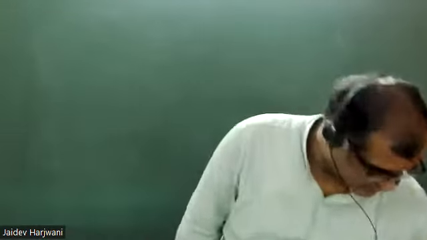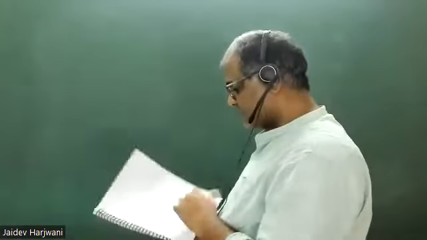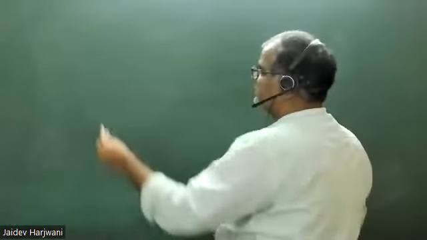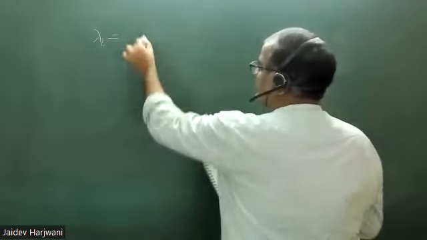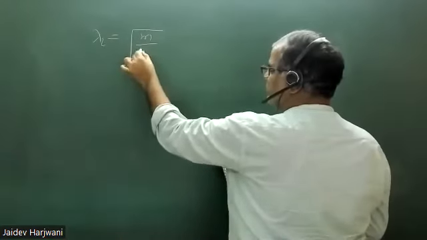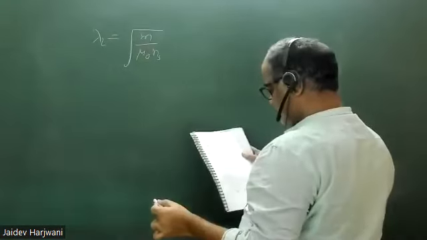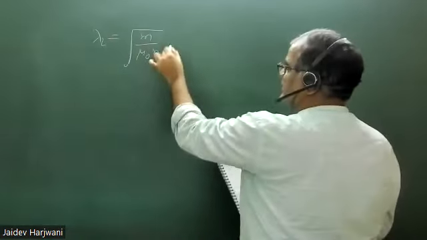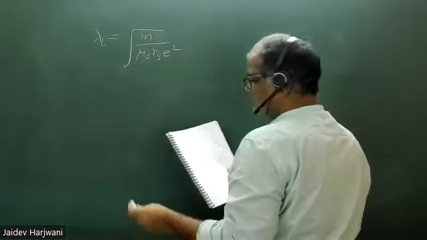Okay. Now you write some formulas. You know the penetration depth lambda is given by m upon mu naught ns e square. This is the formula for penetration depth. So a question they are asking for niobium.